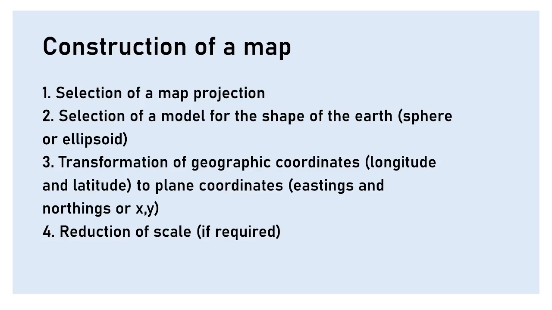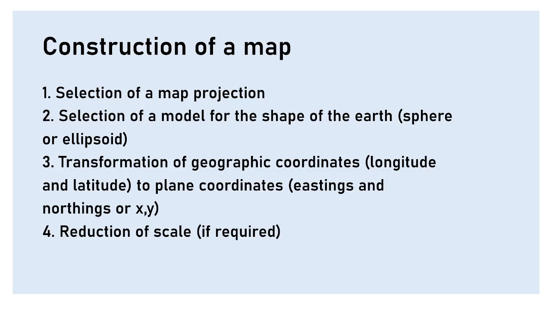The first thing that you have to do is select the map projection. For example, in the case of the India topo sheets that are available. I think when we discuss map projection, you will understand that better. You have to understand there are different map projections available.